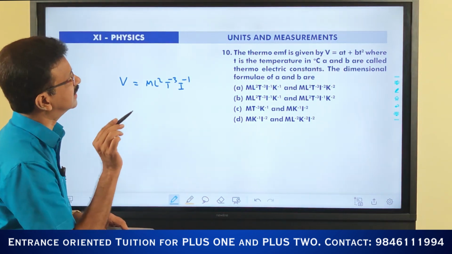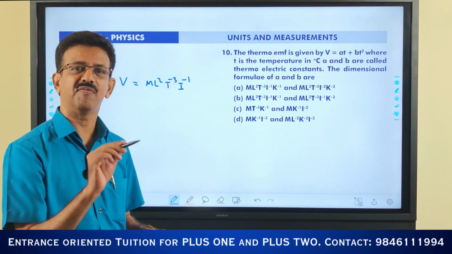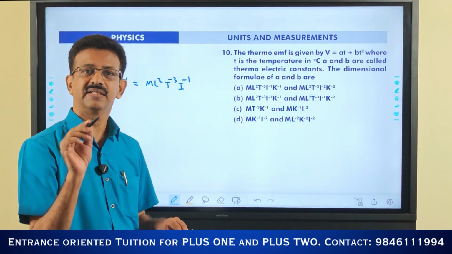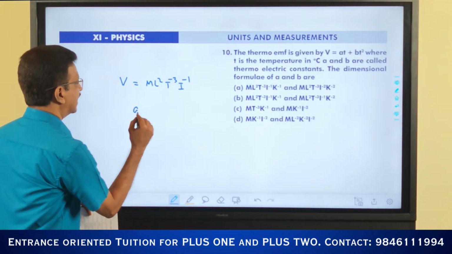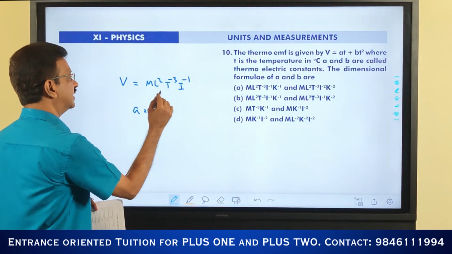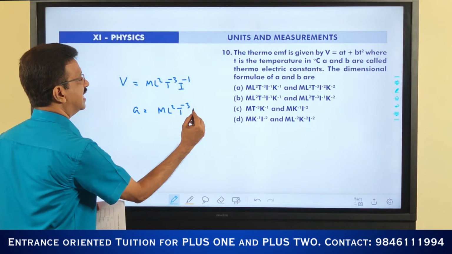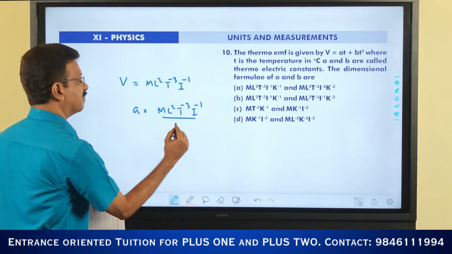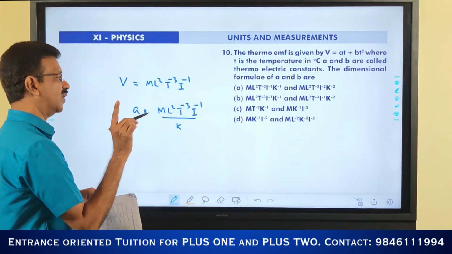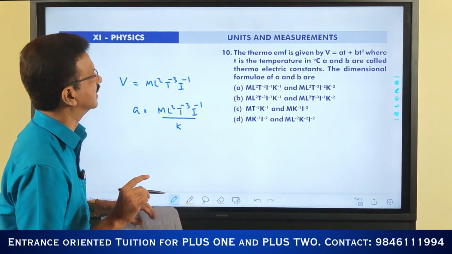Now, dimensions of A means dimensions of voltage divided by temperature, that is K. Dimensions of voltage is M L square T raised to minus 3 I raised to minus 1, divided by a temperature K. Then M L square T raised to minus 3, I raised to minus 1, K raised to minus 1.